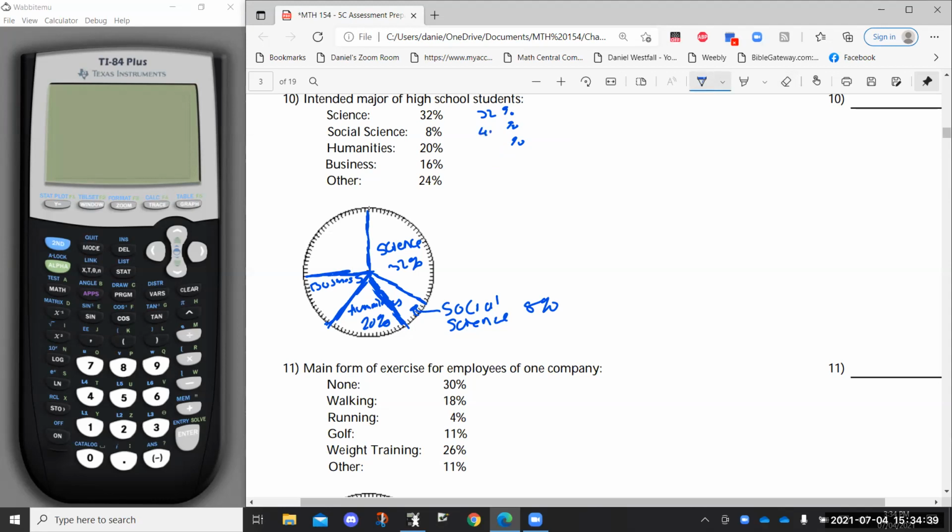This is 40, 60, 76. So I actually need this to be one more, not one less. 76 is going to be like this. There we go. And then this last one here is going to be other. It's going to be 24%.